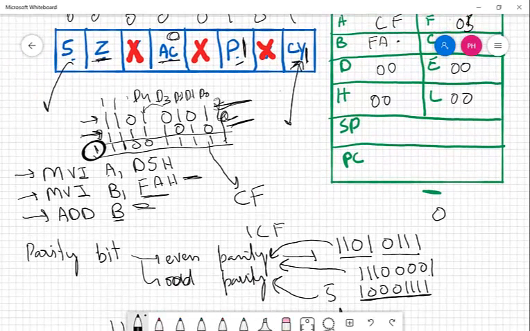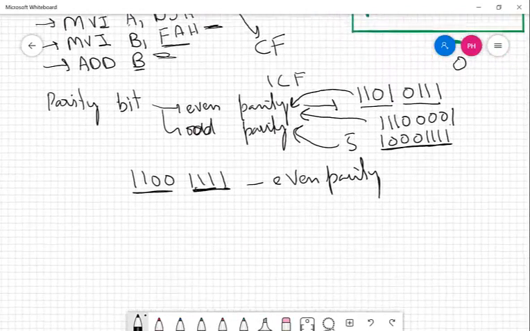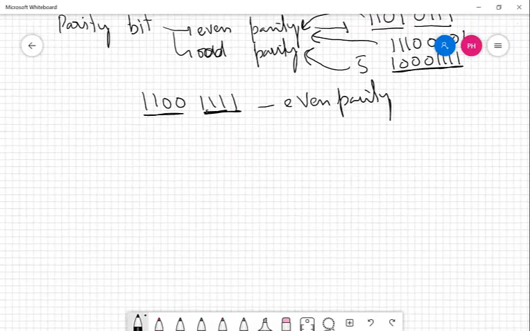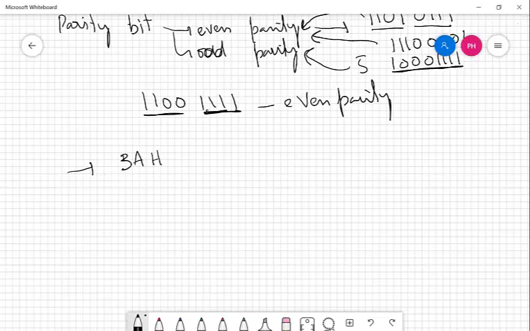This will be more clear if you do a couple of examples. I may pause here for a couple of minutes and let you do this operation. There are two numbers, maybe I have to add 3A in hex and 23 in hex.